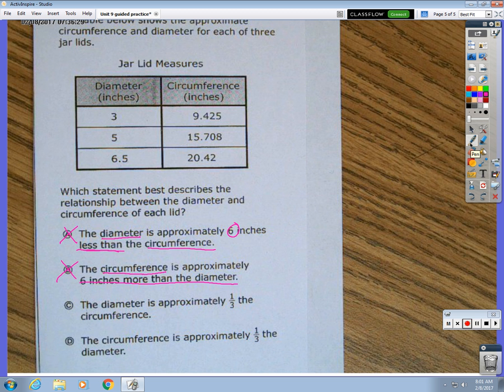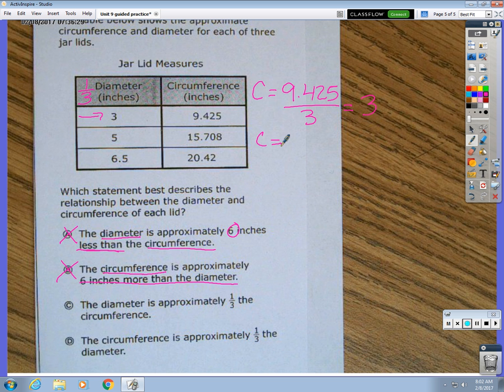Answer choice C. The diameter is approximately 1/3 the circumference. What 1/3 means is if we divide by 3. So if we take the circumference, 9.425, and divide by 3, that's going to give us about 3, which is what we have here.